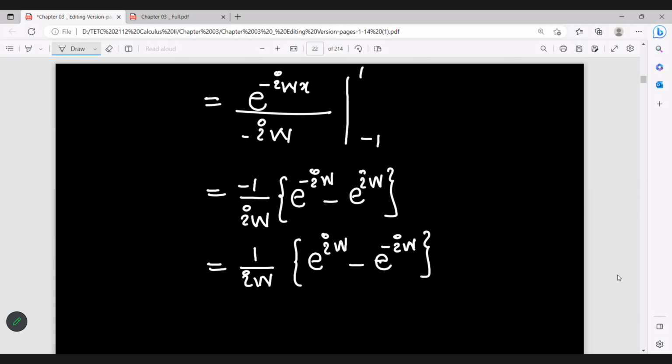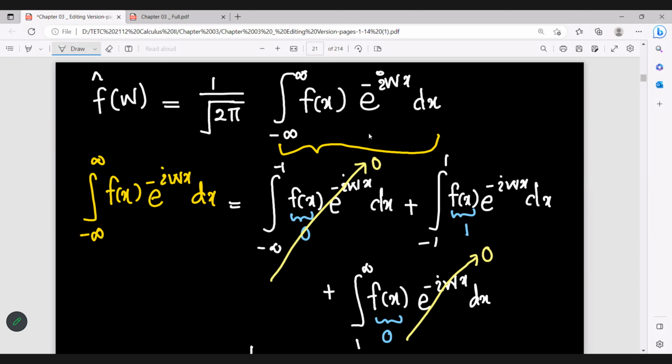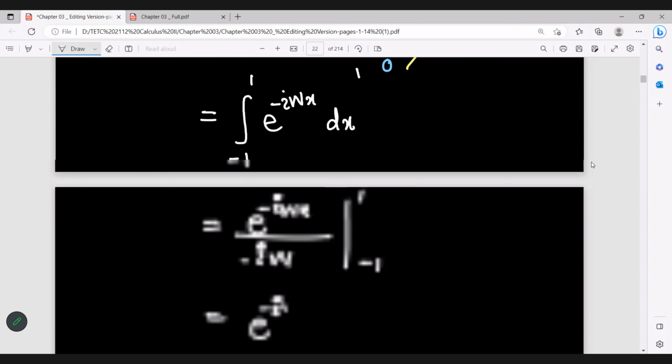So this is the result that we have obtained for this part of the integration only. But to obtain the Fourier transform of the function f of x, we need to multiply this by 1 over square root of 2π.